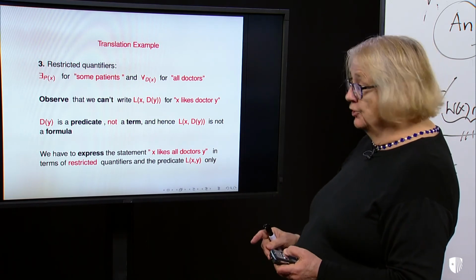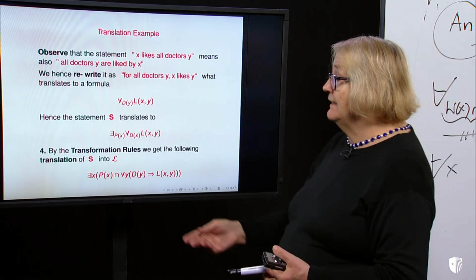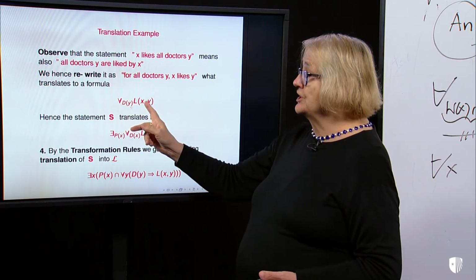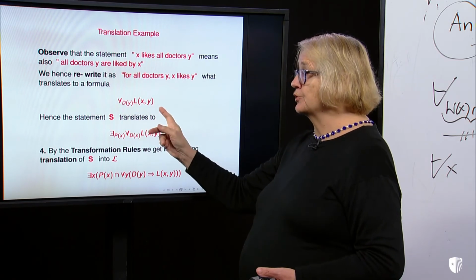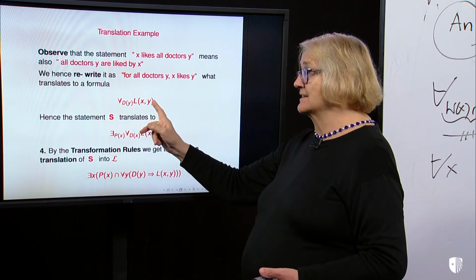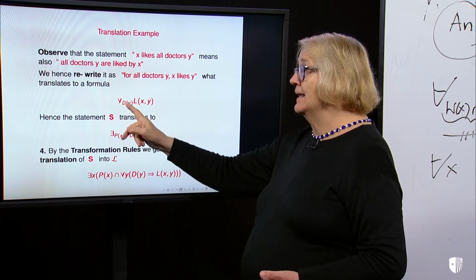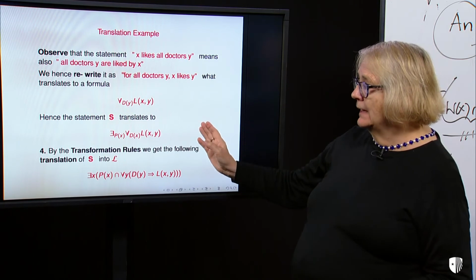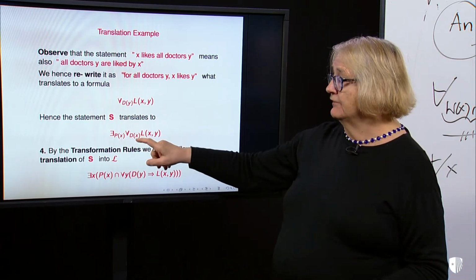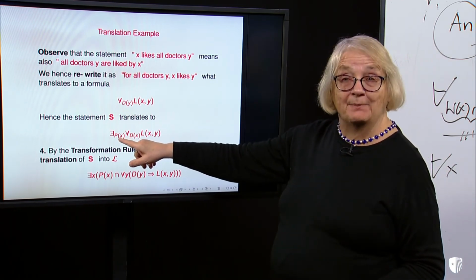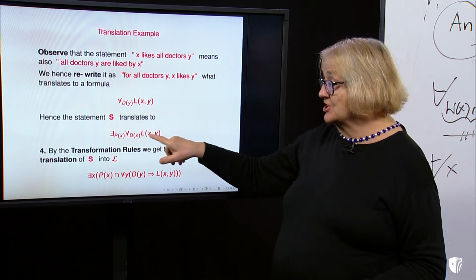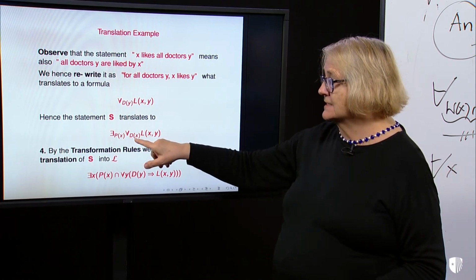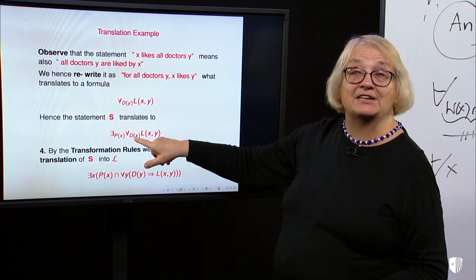So for likes all doctors, you express that for all doctors, X likes all doctors. So X likes Y, but Y is all doctors. So our statement would become: there is a patient X such that for all doctors Y, this X, a patient, likes Y, but Y is a doctor, and here is a typo.